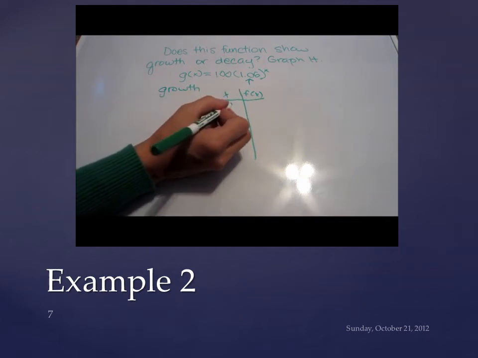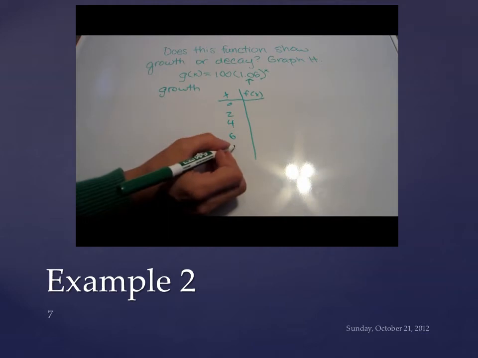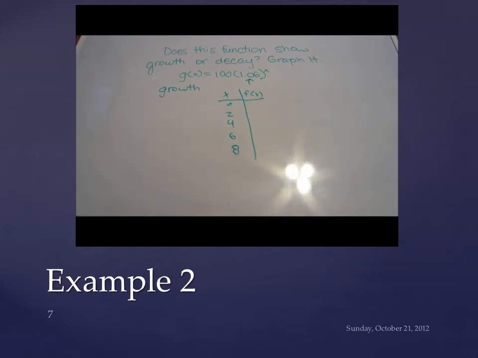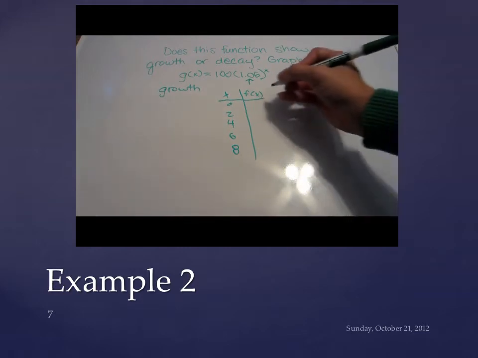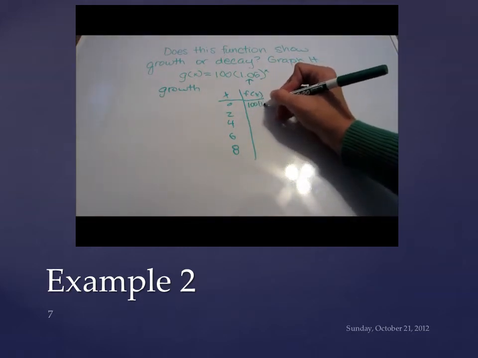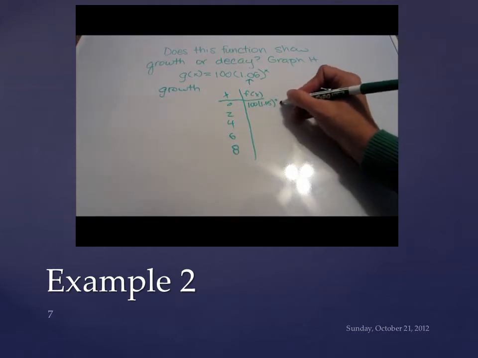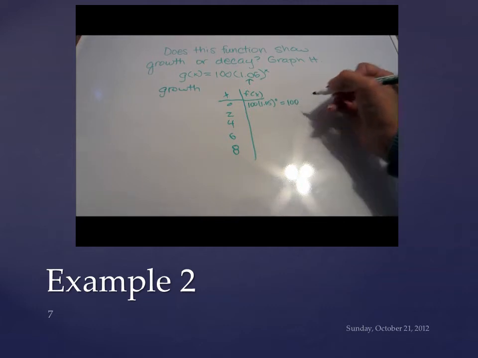We'll pick some even numbers again, 0, 2, 4, 6, and 8. If we plug in 0, we'll get f of x equal to 100. 100 times 1.05 to the 0 is 100.